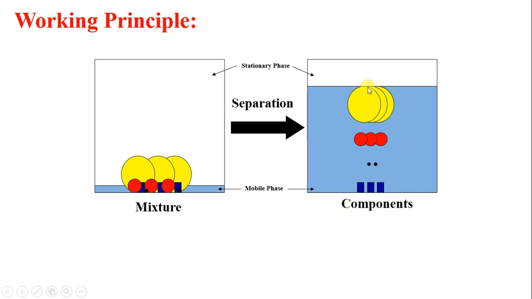As you can see from here, this one has the lowest affinity with respect to the mobile phase, but the highest affinity with respect to the stationary phase.